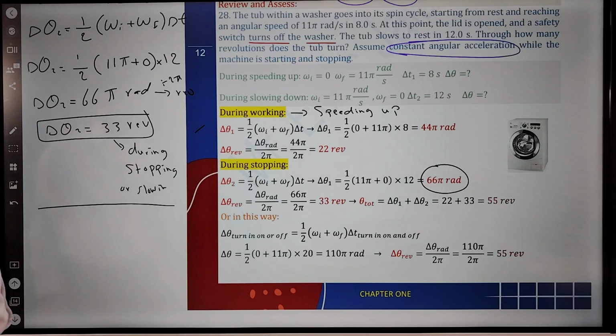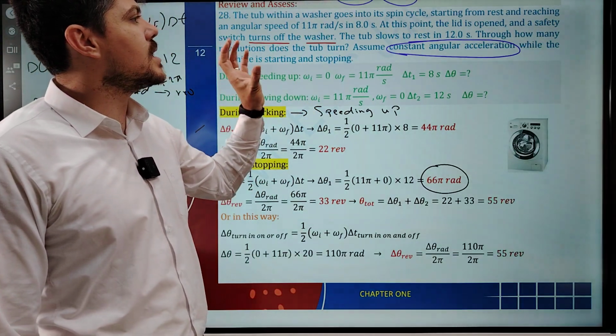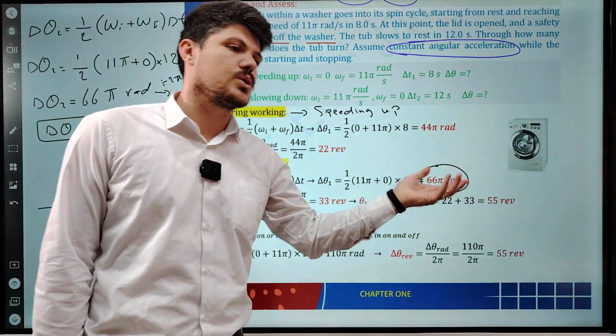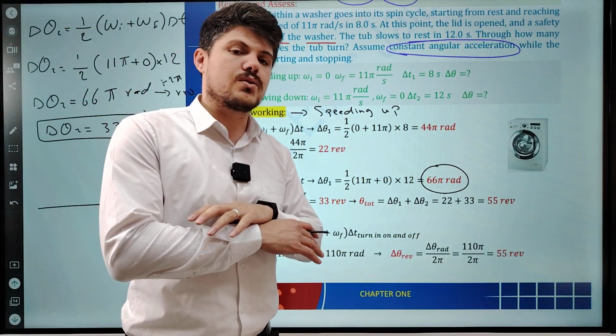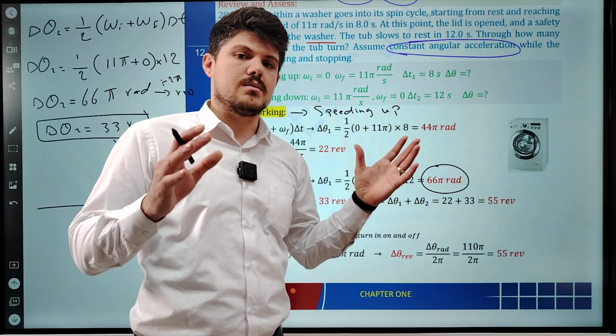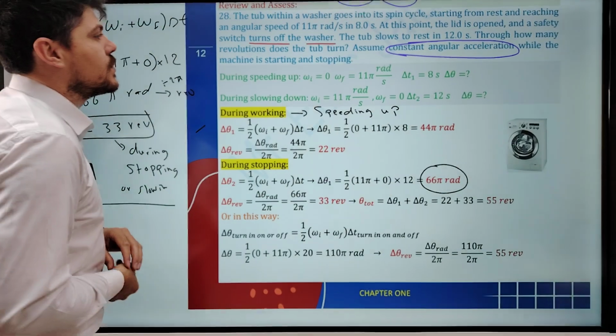But because the question doesn't indicate to find the number of revolutions during speeding up or during slowing down, we have to find the number of revolutions for the entire motion, speeding up and slowing down.